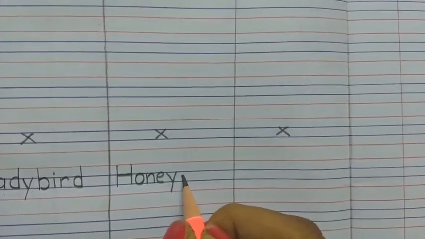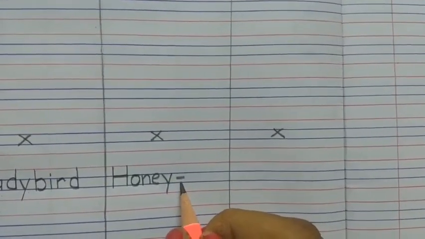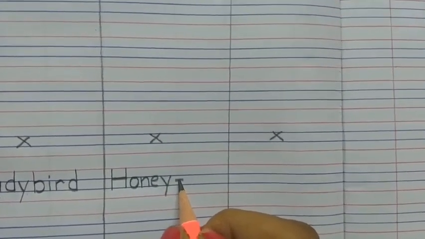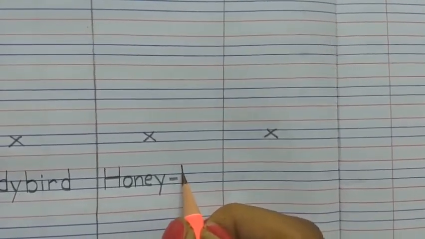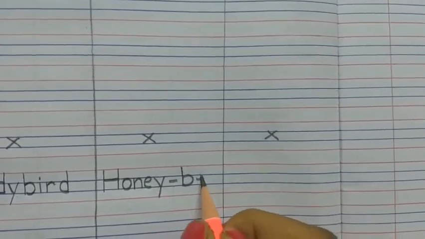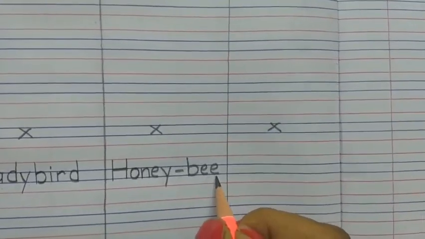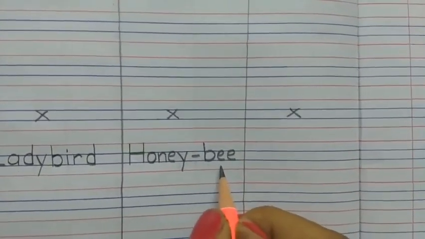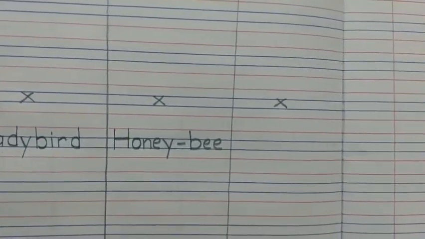Then you have to make a small slanting line between these two blue lines. That is a dash. And then we'll write small b. B, E, E. Bee. Honey bee. Honey bee gives us honey.